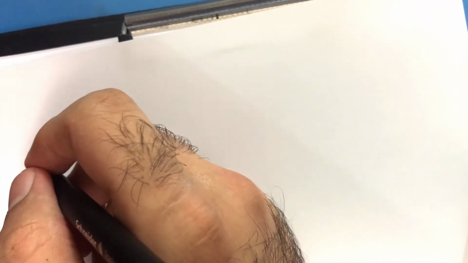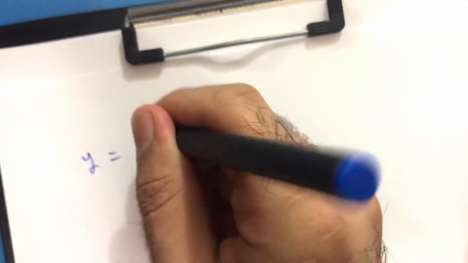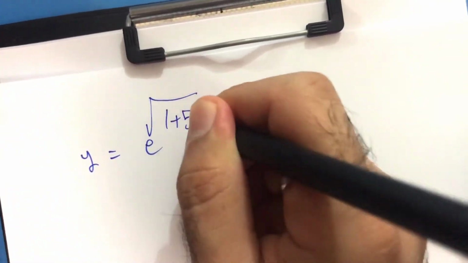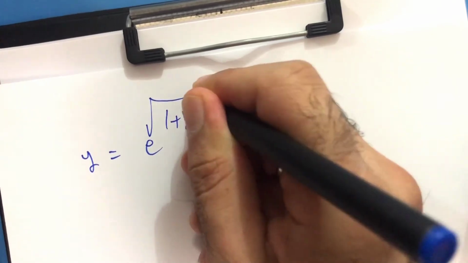Let us take another example about the exponential function. For example, y equals e to the power of the square root of 1 plus 5x squared.